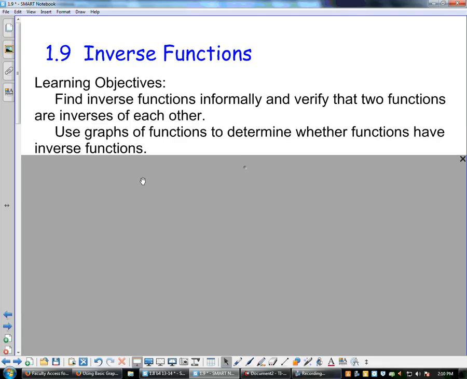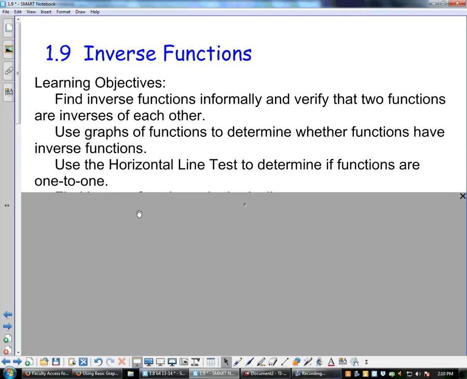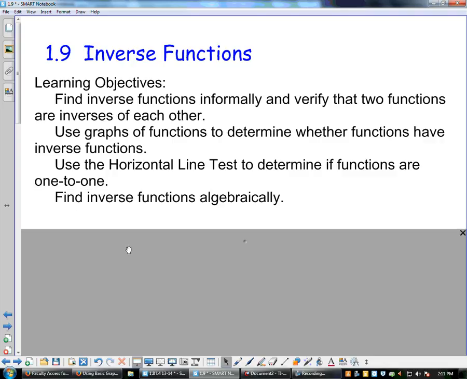You need to use graphs of functions to determine whether functions have an inverse. And you need to be able to use the horizontal line test to determine if functions are one-to-one. Maria, are you focusing? And you need to be able to find inverse functions algebraically.